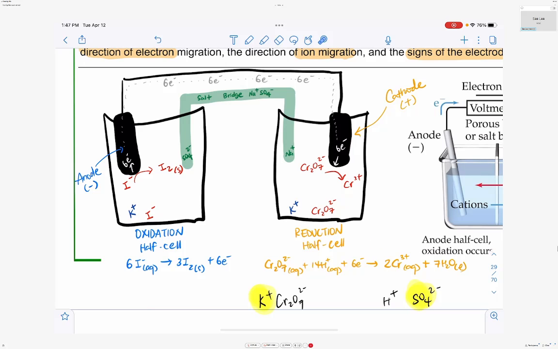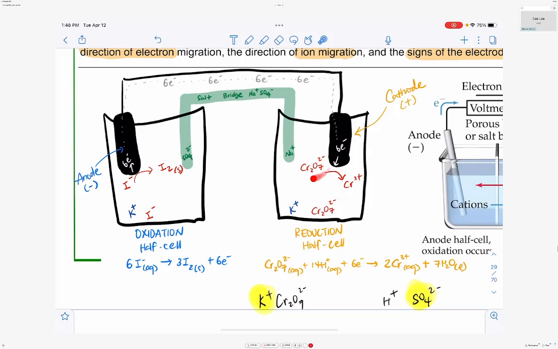In this cell, if we put potassium dichromate and sulfuric acid, the potassium and dichromate ions will be floating around in the cell. The dichromate will come close to this reaction site. It will spontaneously gain the 6 electrons that have been transferred from the other cell.